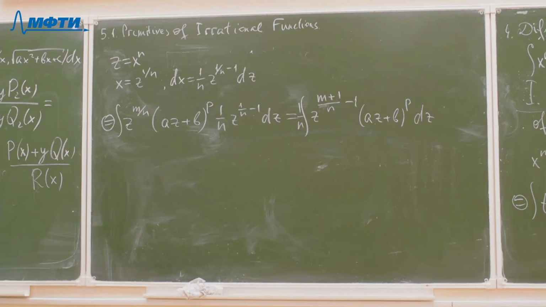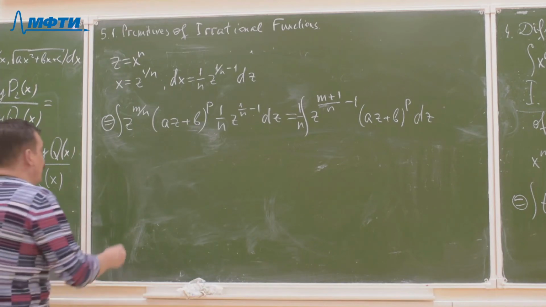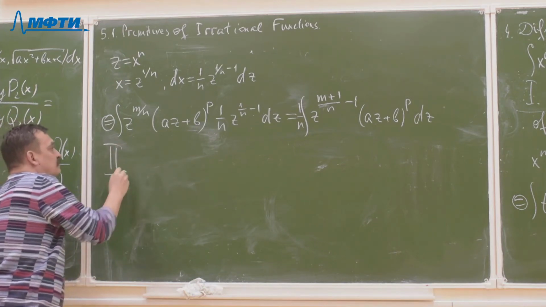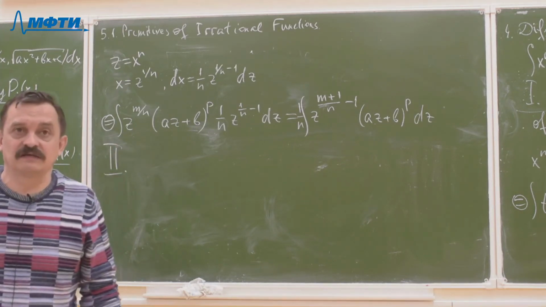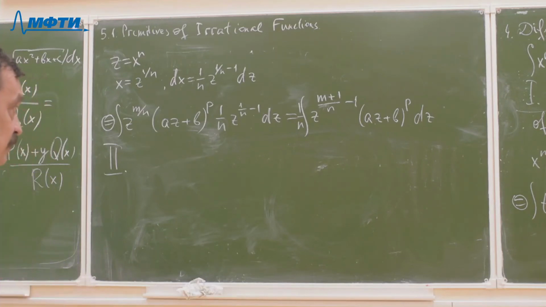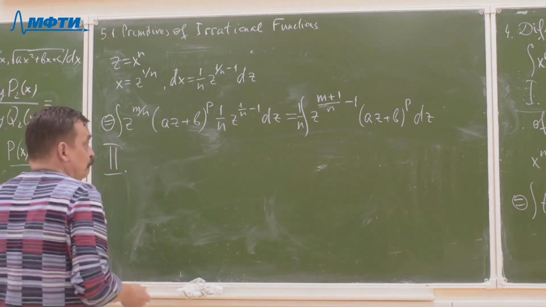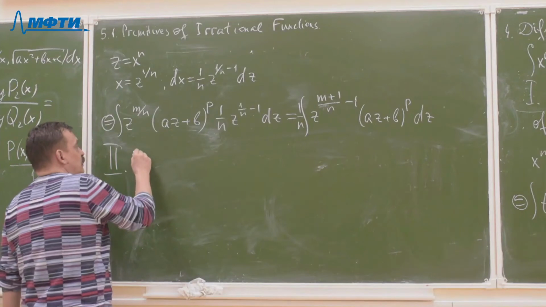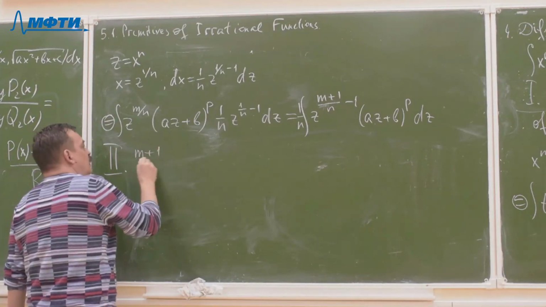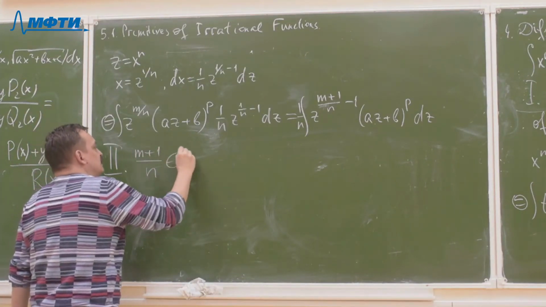Look, if we look at this integral, then the second case when we can compute the integral appears immediately. How? This is the case when m plus 1 over n is an integer.